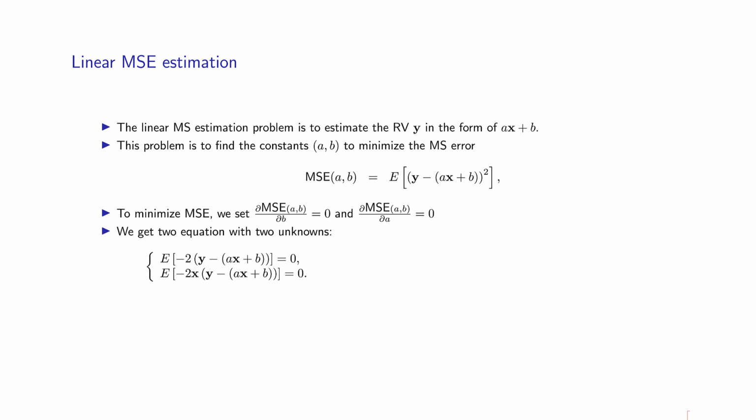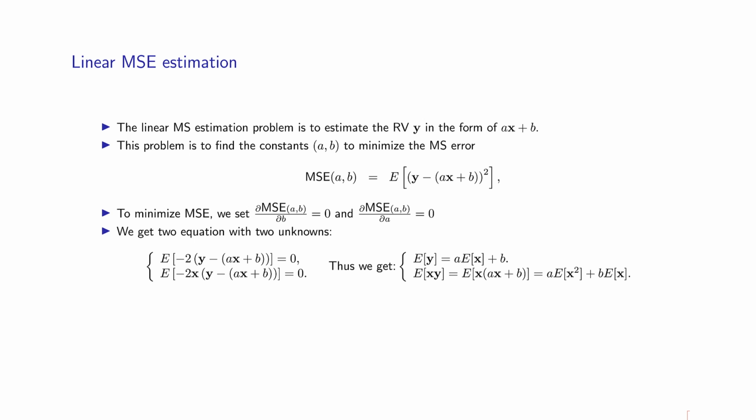If you calculate the derivative with respect to a and set it equal to 0, you find this equation, and if you calculate the derivative with respect to b and set it equal to 0, you find this one. So you have two unknowns, two equations. You see that these minus 2 factors are constants, and you can get rid of them. From here we get these two equations.